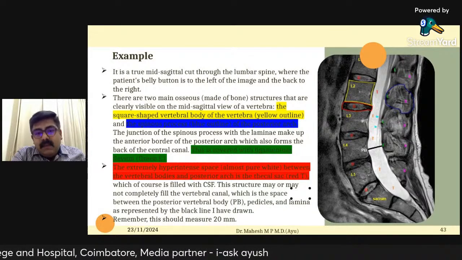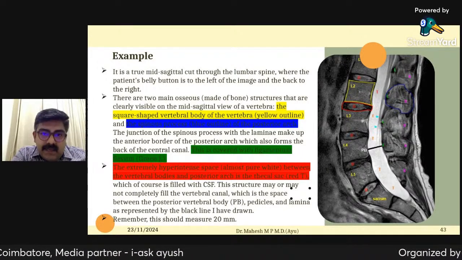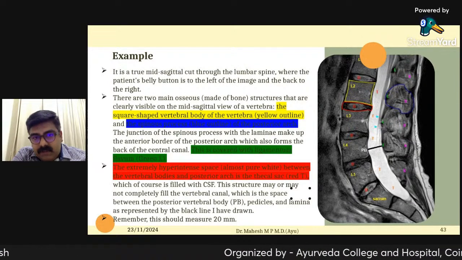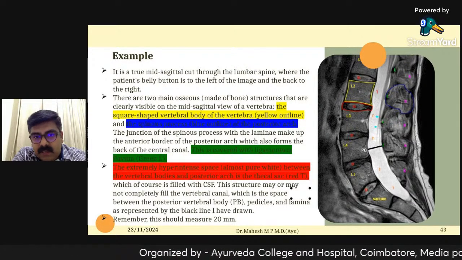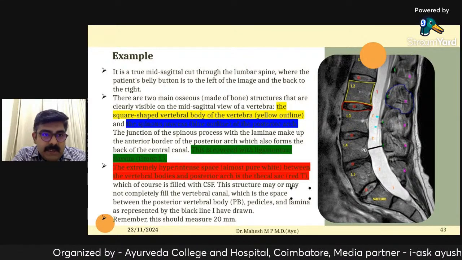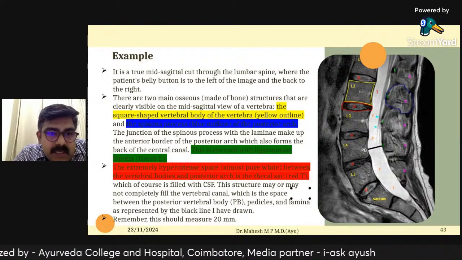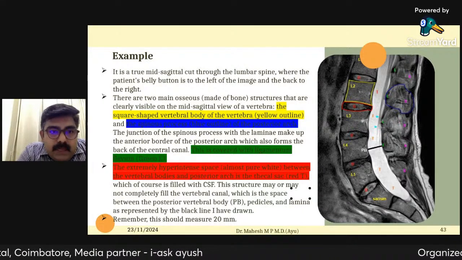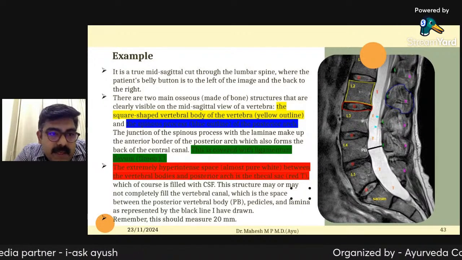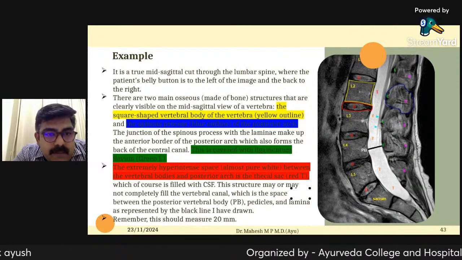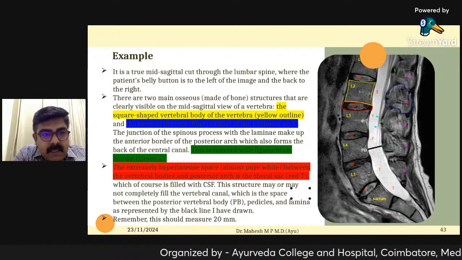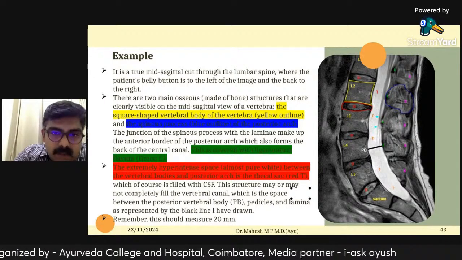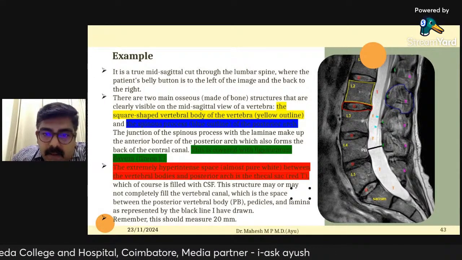Here is another example of a spinal MRI. Here, the cauda equina area will be slightly visible. The rest you can see is the cerebrospinal fluid. In this, you can also see the square-shaped area, that is the L2 level, marked with the yellow outline. The square-shaped vertebral body is the yellow outline, and the spinous process is the blue line over here.